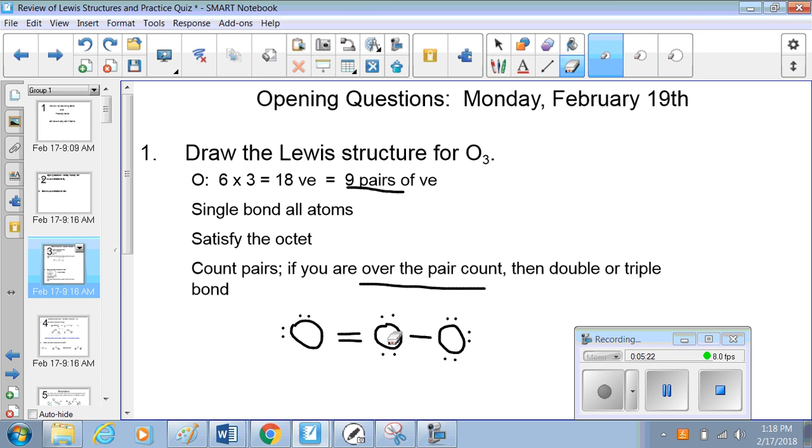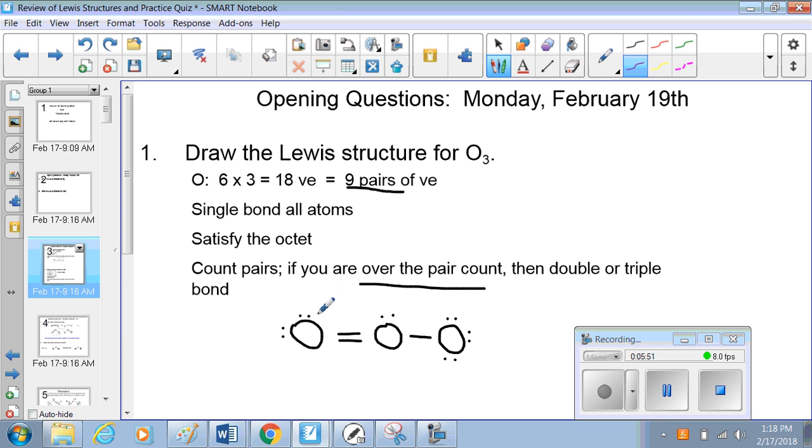It's fine. The oxygen in the middle, though, has 10 valence electrons. It can only have 8. So I'm going to get rid of another pair, and right there, that will satisfy the number of pairs that I need and also my octet.